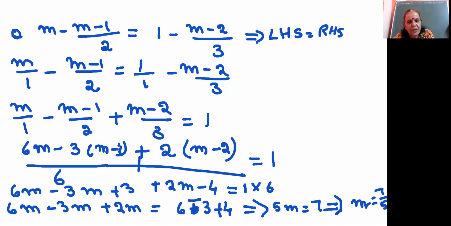Therefore 6m minus 3m plus 2m, that is 6 minus 3 is 3 plus 2 is 5m, and you have sent plus 3 from this side to the other side, therefore it has become minus 3, and minus 4 you have sent from left hand side to right hand side, therefore it has become plus 4. Therefore 5m is equal to 7, therefore m is equal to 7 by 5.